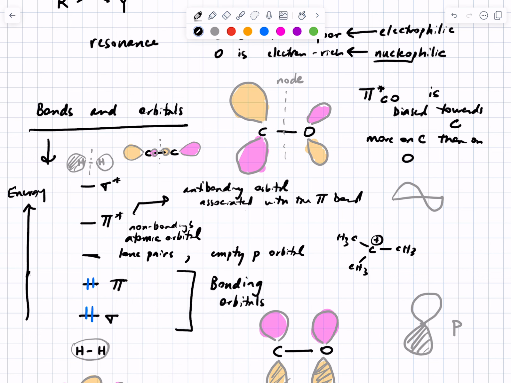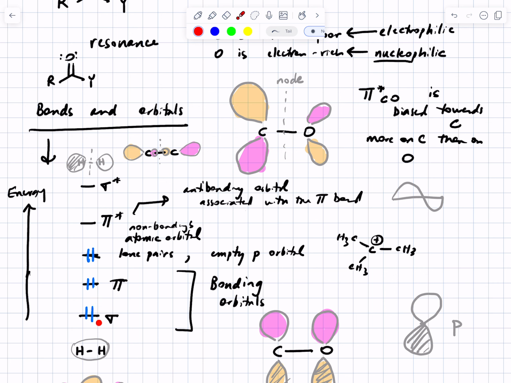Okay, so we now know that if you look at a carbonyl molecule, if we were to redraw our carbonyl molecule here, it's got some lone pairs. We're not saying what the R group or the Y group is.